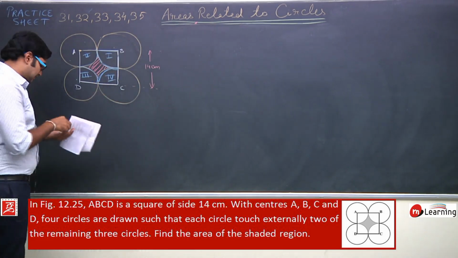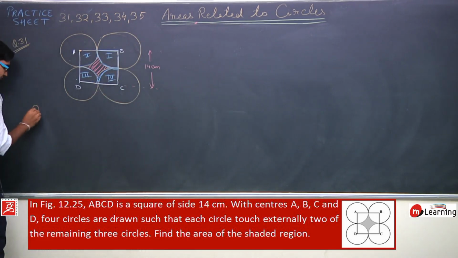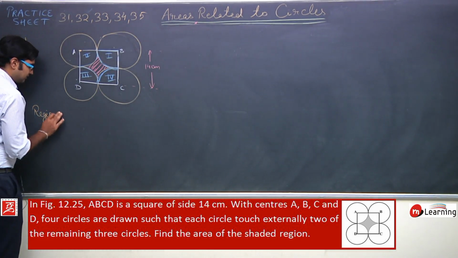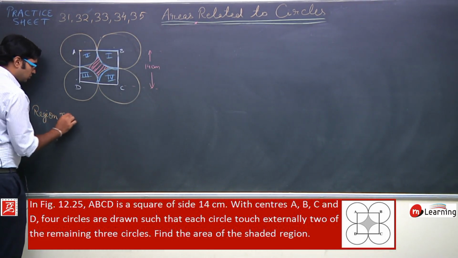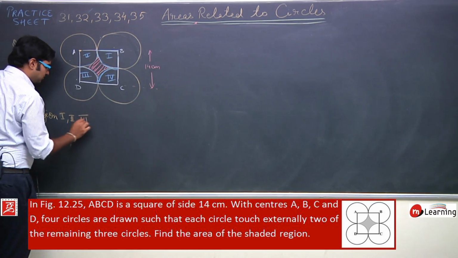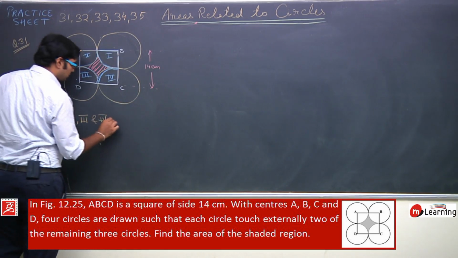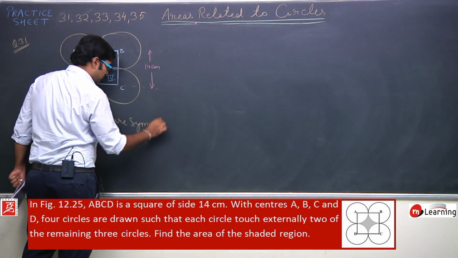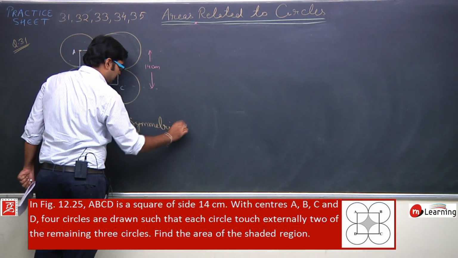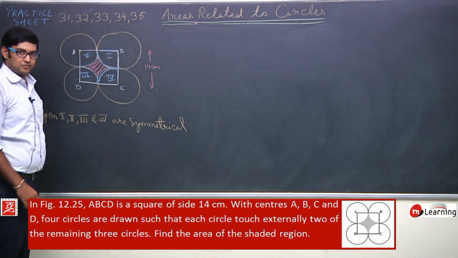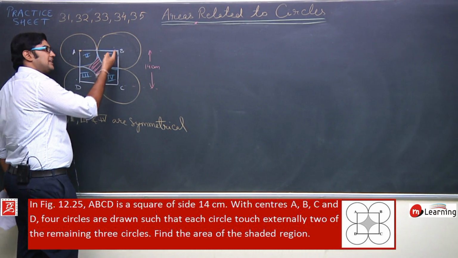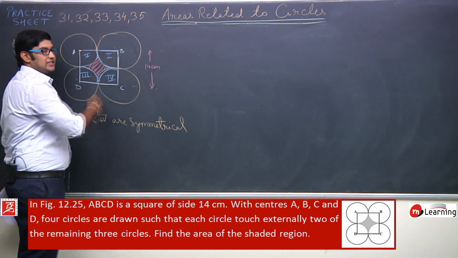What I can see is regions 1, 2, 3 and 4 are symmetrical. They all are symmetrical. Now can I calculate the area of region 1?